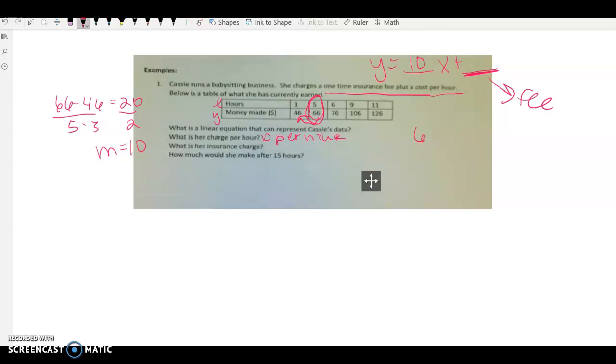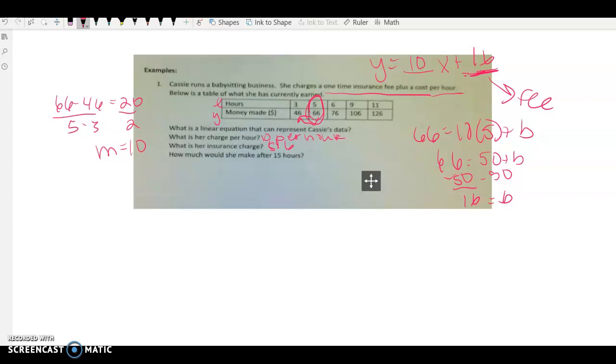So I'll get 66 as my y equals my slope of 10 times 5 plus b. So I get 66 equals 50 plus b. I'm going to subtract 50 on both sides to get b by itself, and I get 16 as b. So that means her one-time fee is $16. So what is her insurance fee? $16.